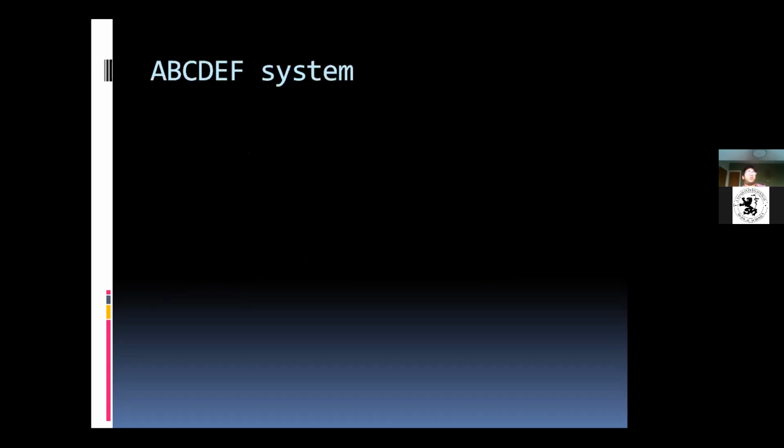Okay, so what do we mean by the ABCDEF system? Can anyone remember? If so, just put it in the chat. What does each of these letters stand for? Can anyone remember the systematic approach that we discussed last time of how to interpret these X-rays?